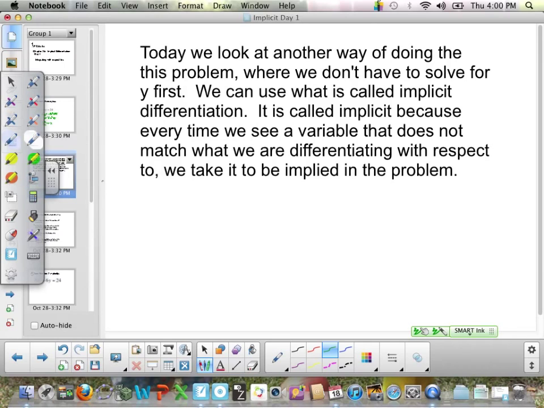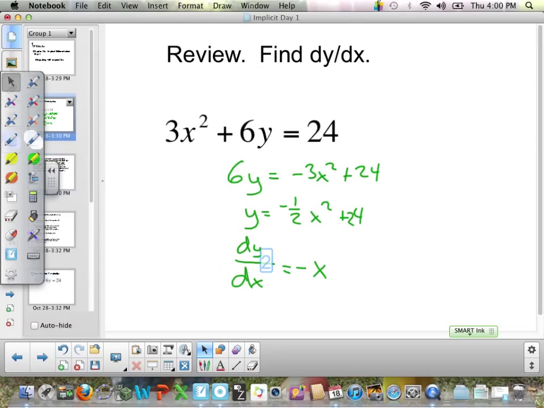If our variable is not x, it's going to be implied inside of the y, because most of the time we solve for y, like we did here. But now we're not going to. It's going to be implied that there's an x inside of the y.